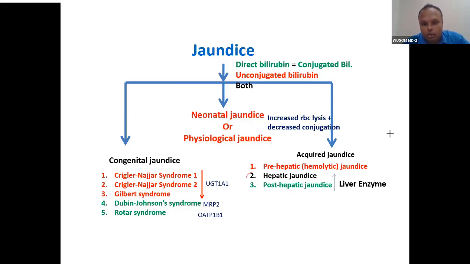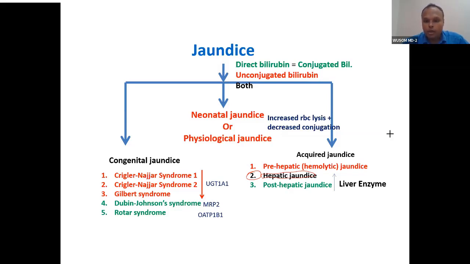This is the only one, so it is very easy to remember. Hepatic is the jaundice where both conjugated and unconjugated bilirubin are high. Only one condition, both. Otherwise they are isolated: either conjugated is high or unconjugated is high.